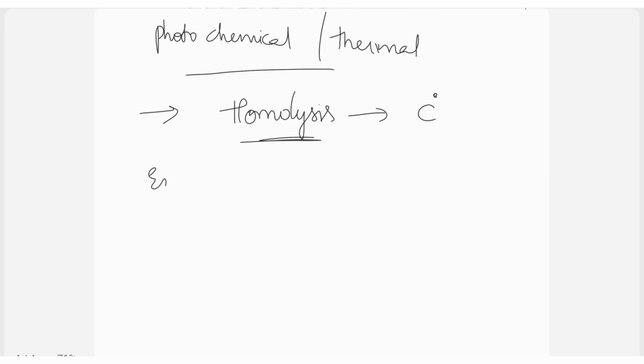Let us see one example. You can consider methane with chlorine. Generally the free radical formation takes place in three steps: chain initiation, propagation and termination, where you can see the formation of methyl radical and chlorine radical.